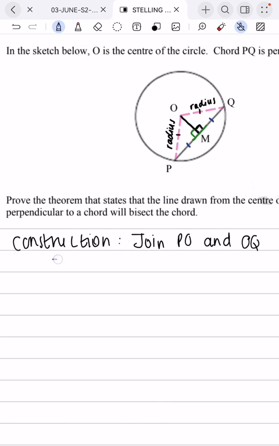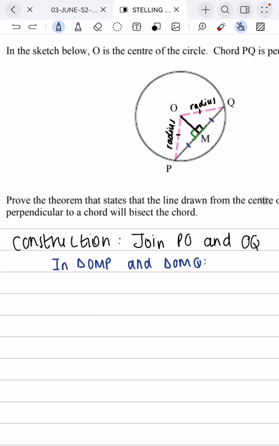Then remember you have to say in triangle OMP and triangle OMQ. Okay, remember then all the information about triangle OMP should be underneath OMP, and all the information of triangle OMQ should be underneath OMQ.